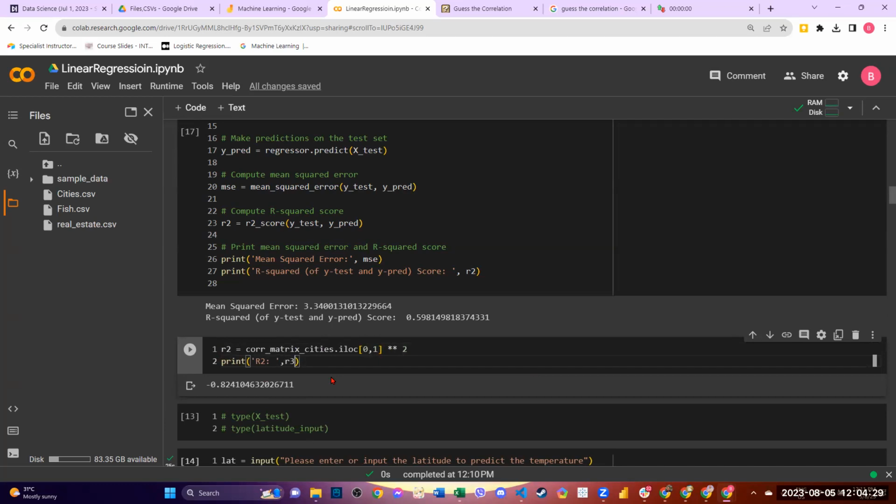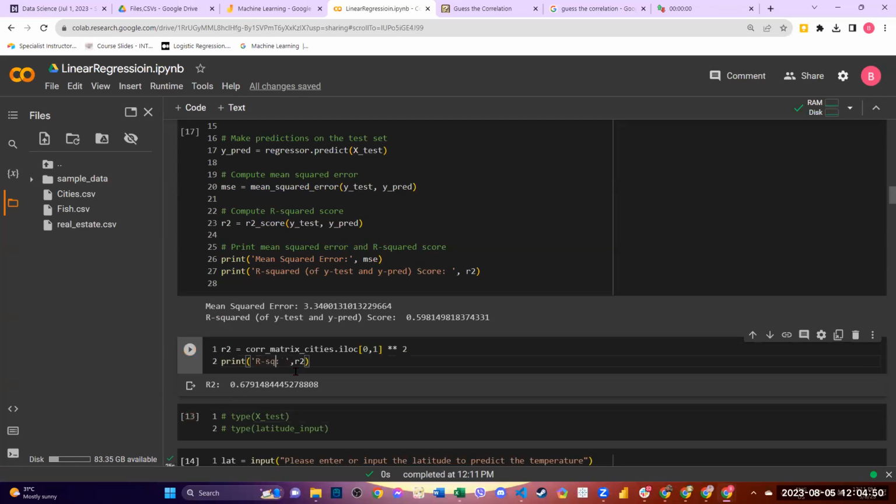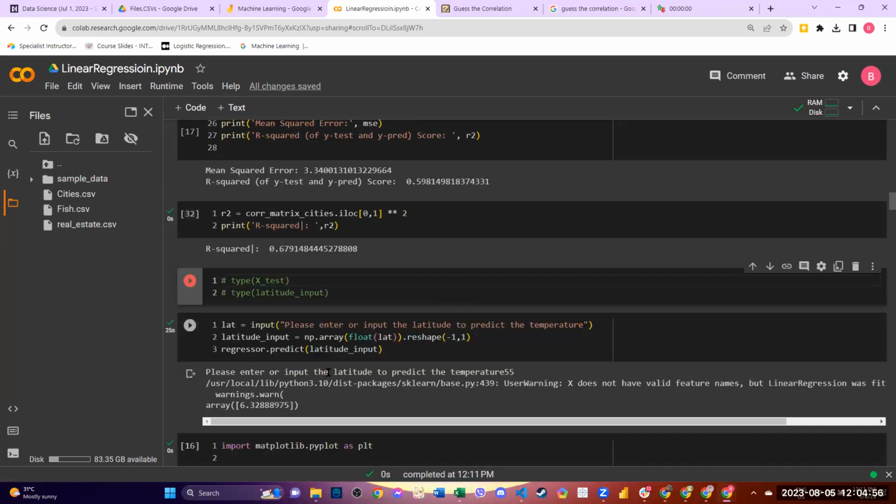Therefore, the R2 is 67. It's actually 67. So the real R squared is 67. So R squared, they're not that far apart, right?